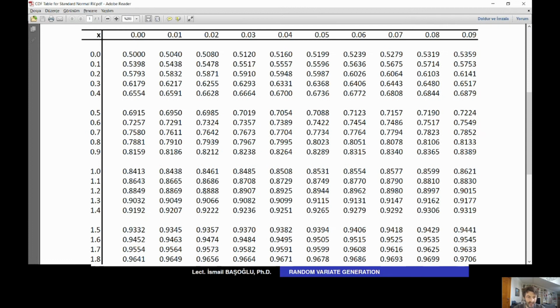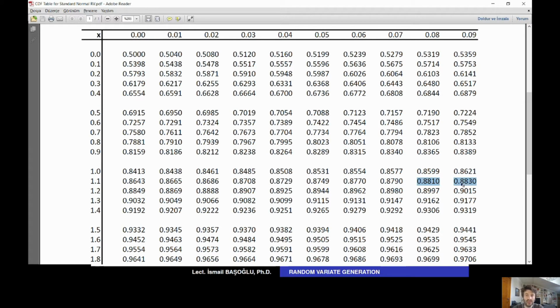So for 0.8825, which is somewhere between these two values, right? It is not 1.18 or 1.19.